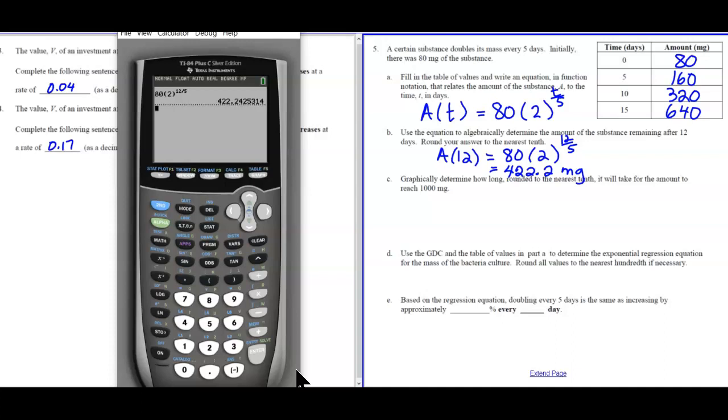Okay, graphically determine. You have to tell, remember the steps. Y1 equals, Y2 equals. We need our window. And then we're going to need to find, in this case, when it's in our calculator, the x value at the point of intersection.